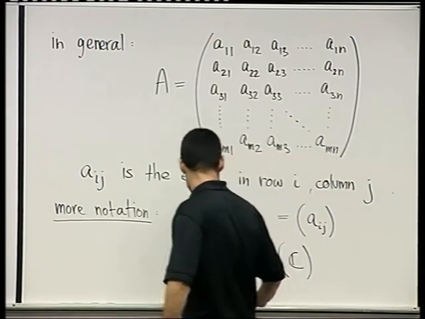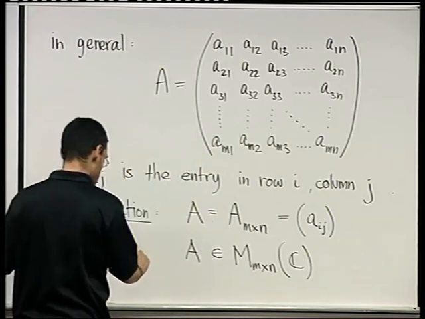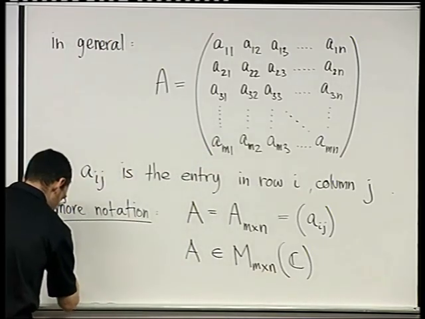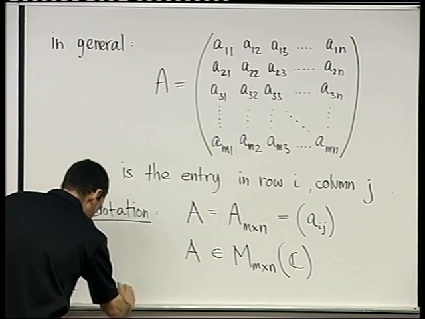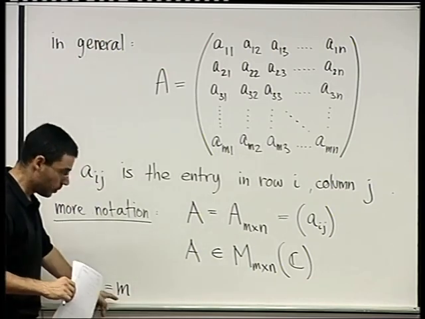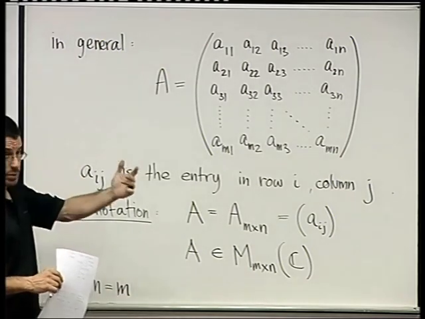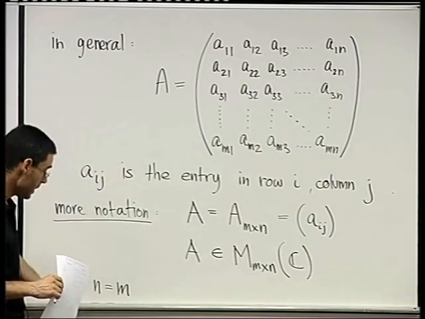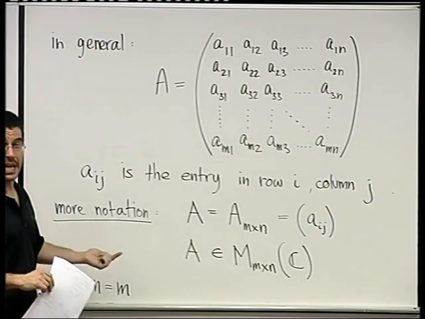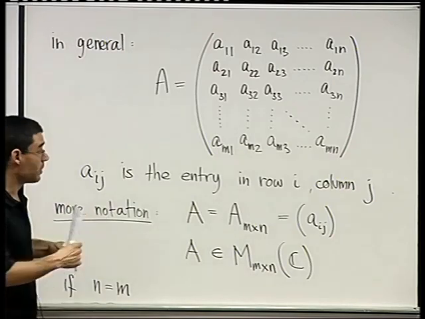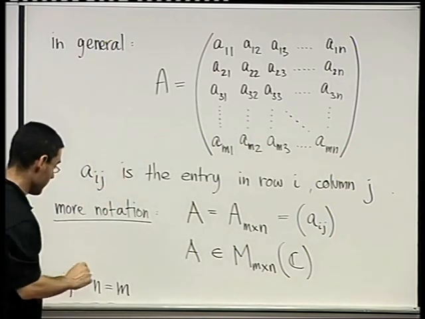And just one more that I want to mention: if n equals m, so saying that n equals m means that the number of rows and the number of columns is the same. So what does it mean about the matrix A? Right, it's a square matrix rather than a rectangular one.